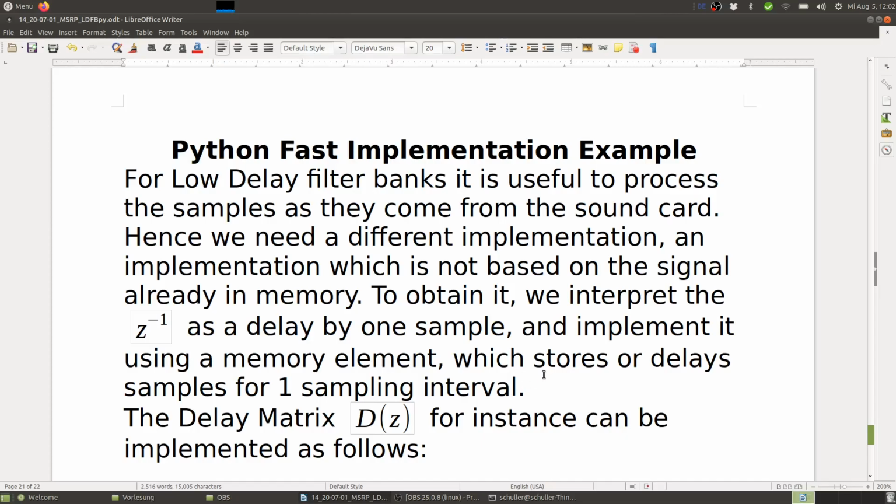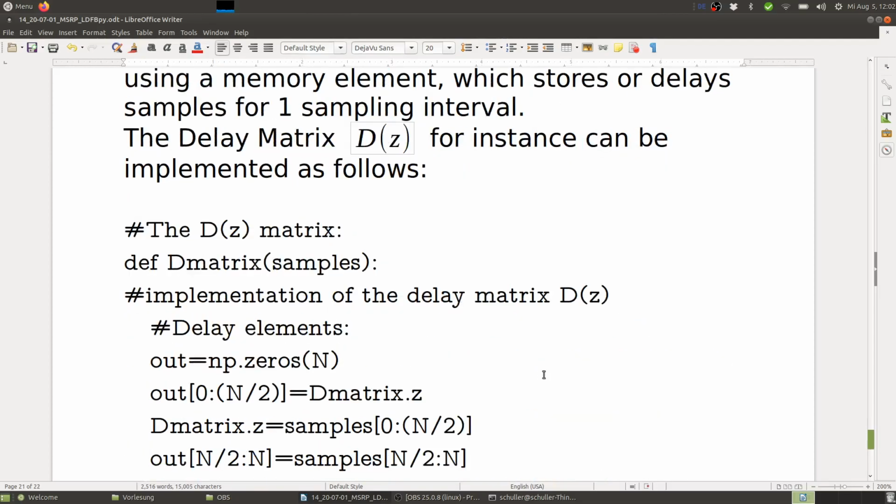So in this way, we don't need to transform things in the z domain, we just implement it in the time domain. So the delay matrix D of z, for instance, can be implemented as follows. So here now, not using SymPy, but using delay elements.